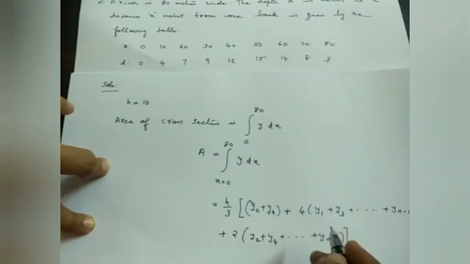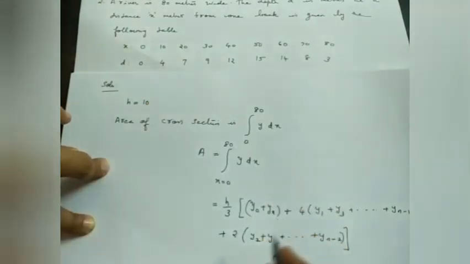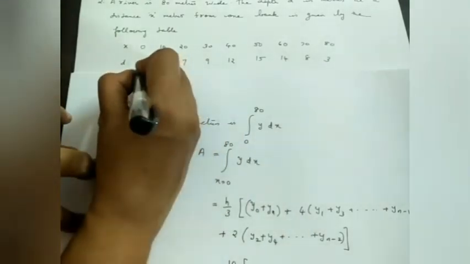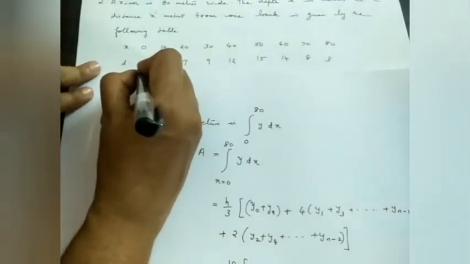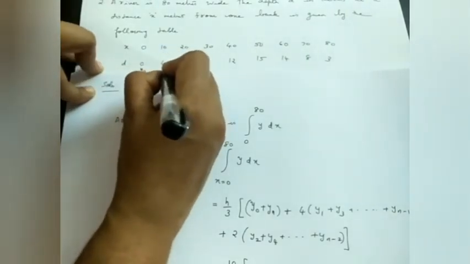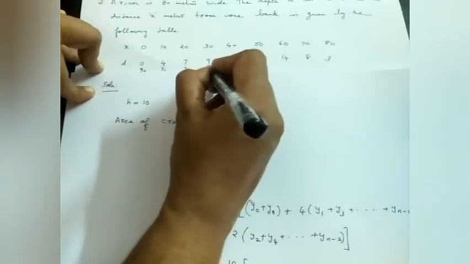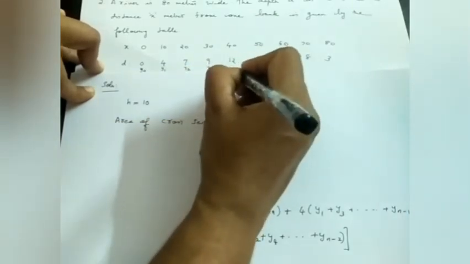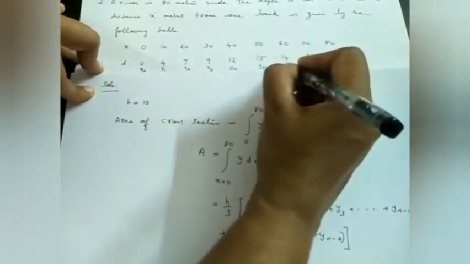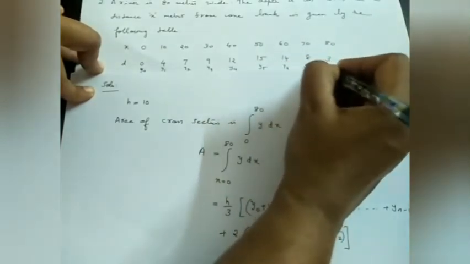Here we know that h is 10, so 10 by 3 into y0 plus yn. The first value is y0, then y1, y2, y3, y4, y5, y6, y7, y8.